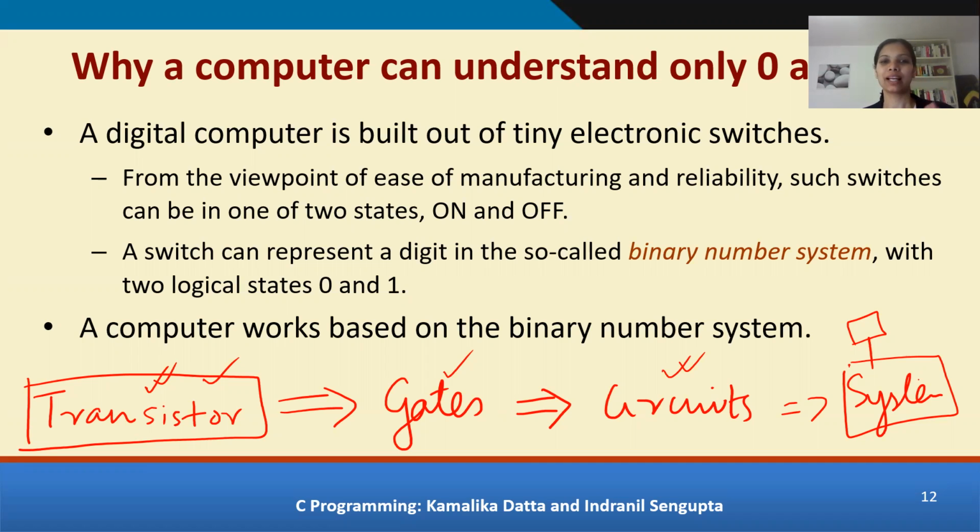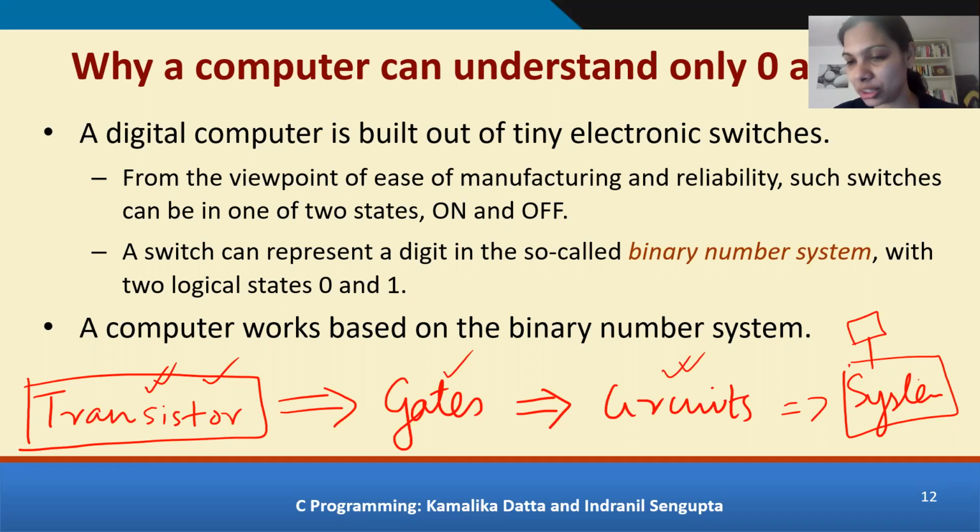This is the primary reason the computer can only understand 0 and 1. The way it is built, the way it understands, and the way all the other things work is in that manner. That is why a computer works on the binary number system.